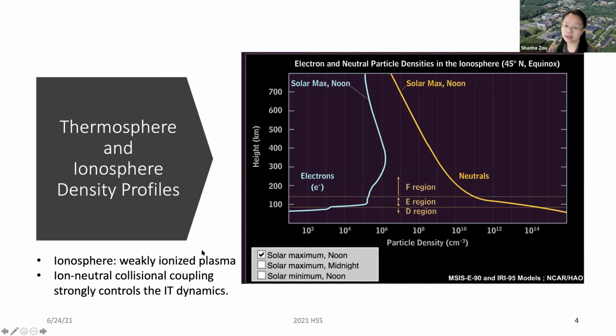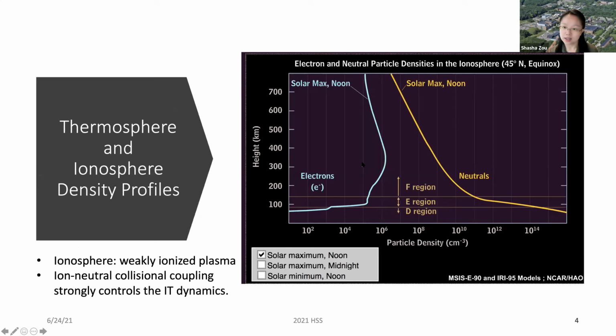Okay, so this is a chart showing you the typical condition on the noon sector during solar maximum. The light blue curve shows the electron density profile, and the yellow one shows the neutral density profile.